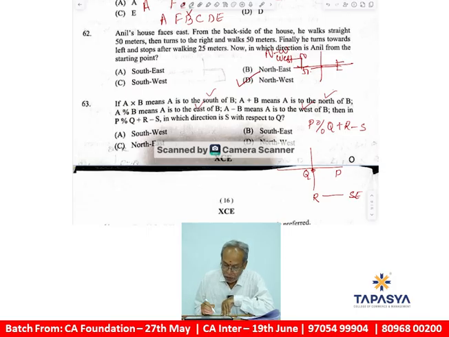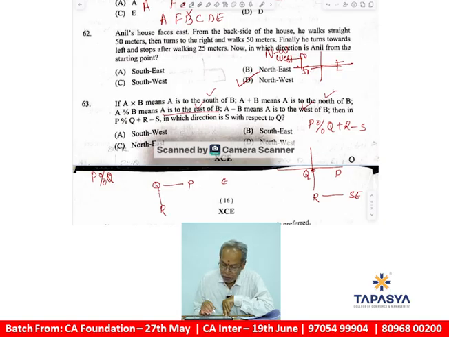Is it clear? So again, once again P percentage Q. P percentage Q clearly shows A is east of B. Now Q is here, so P must be east of Q. This is the east direction. Next comes plus. Plus means A is north of B. So Q is north of R, which means R must be south and Q will be north.